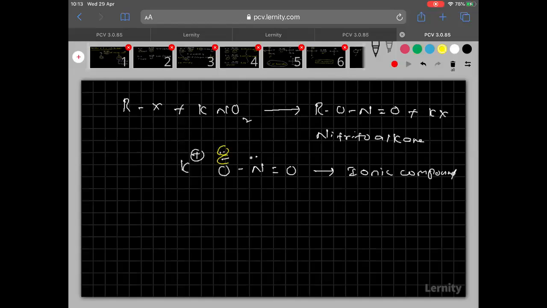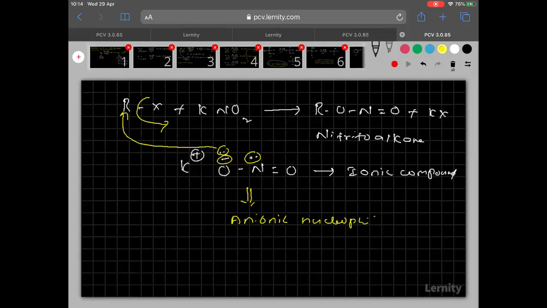But on nitrogen only a lone pair is there. Followed everyone? Therefore, which is having more electron density here? Oxygen. Therefore, oxygen attacks on R and X will depart. So here, this is the anionic nucleophile. I hope you are able to understand.